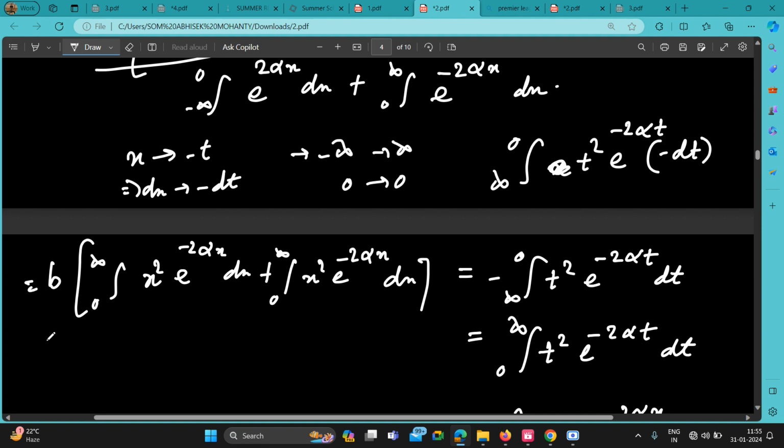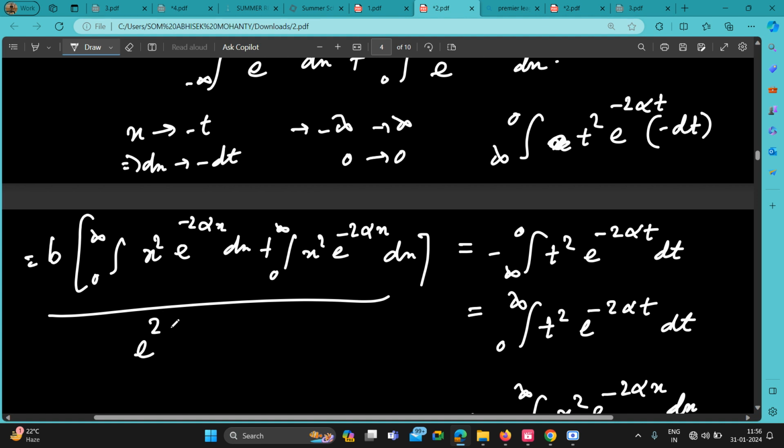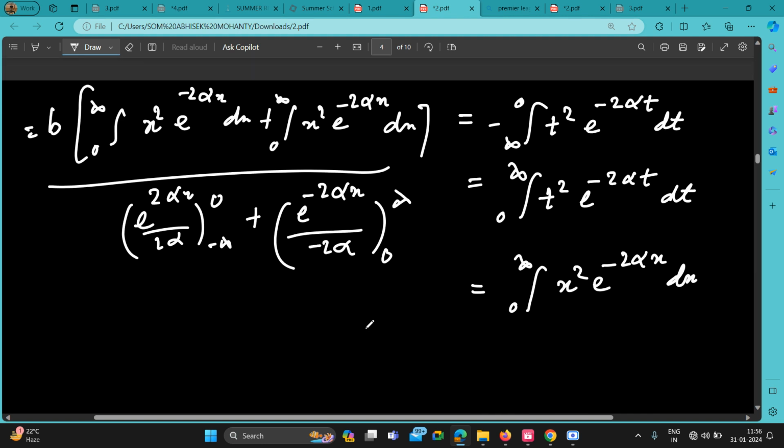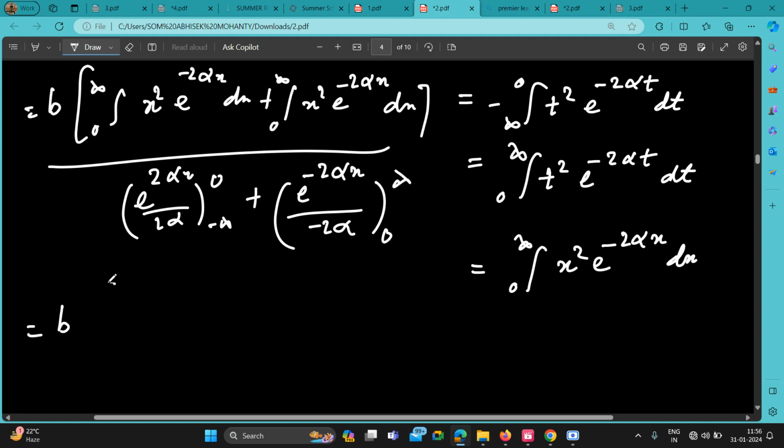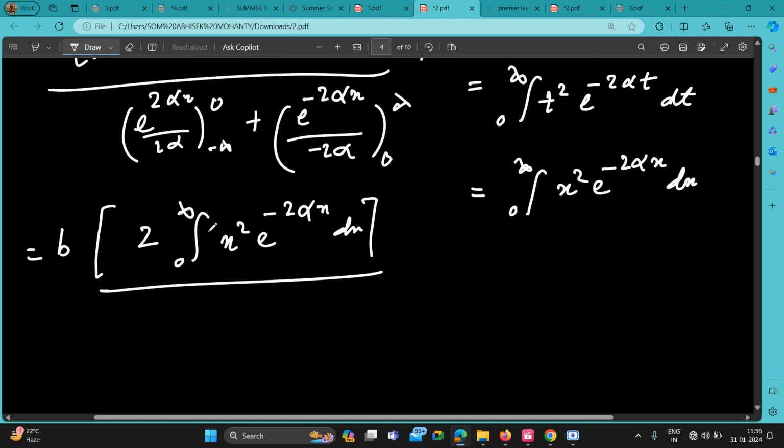The below part I can directly integrate: e to the power 2 alpha x by 2 alpha from minus infinity to 0, plus e to the minus 2 alpha x by minus 2 alpha from 0 to infinity. So now this becomes 2b times the integral 0 to infinity x square e to the power minus 2 alpha x dx, divided by 1 by 2 alpha minus 0, plus 0 minus minus 1 by 2 alpha.